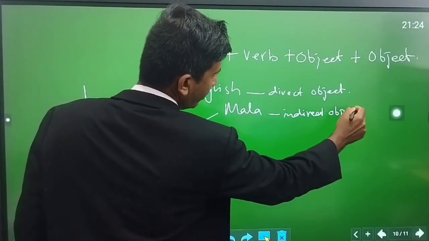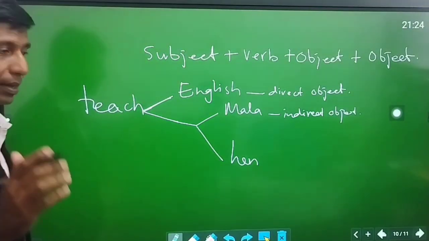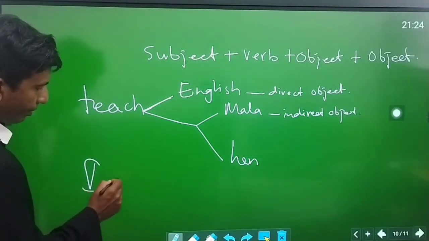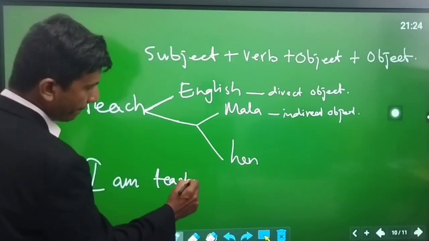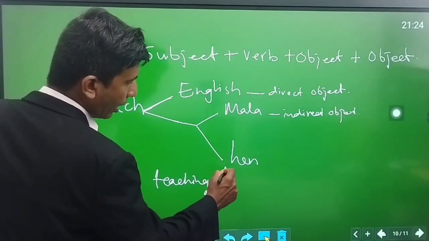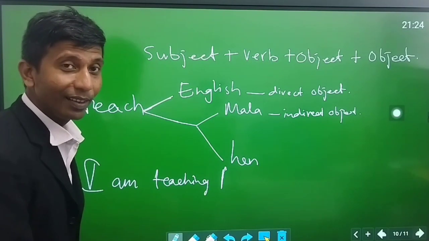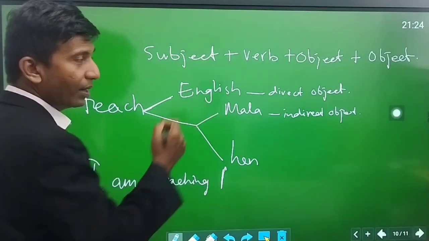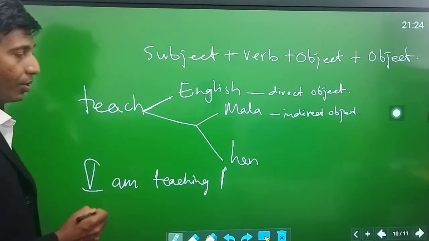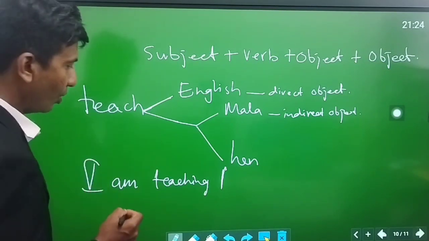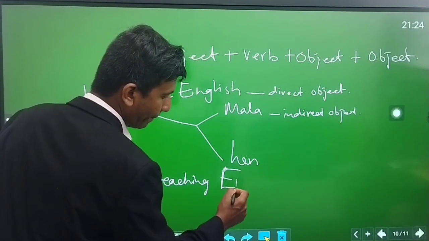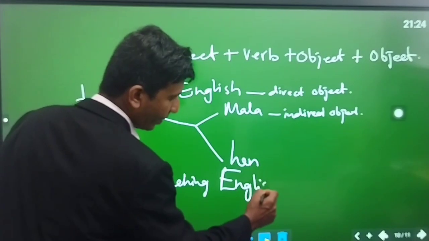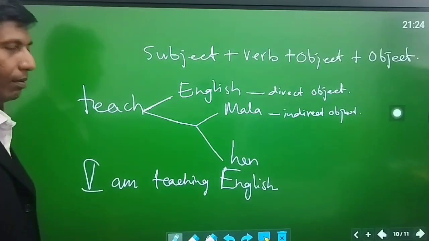I am teaching Mala or English. Direct object is English, so it should be English first of all. I am teaching English. My first sentence is this.